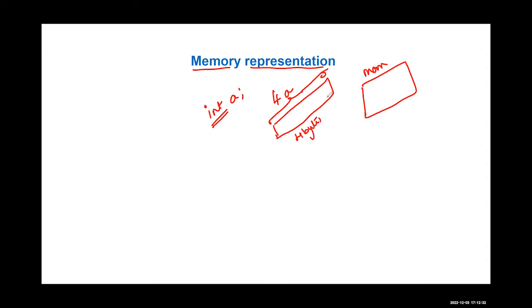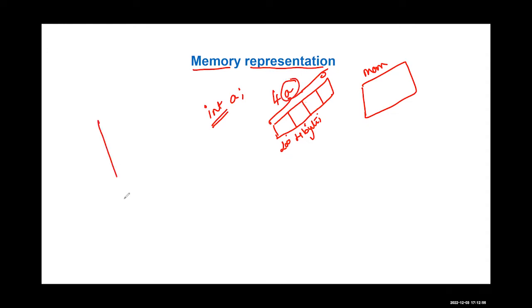Since I have 4 bytes, I know that for each byte there is some address. For example, if I'm starting from 200, it is 201, 202, 203. So totally I'm going to have 200 to 204 occupied by the variable a.